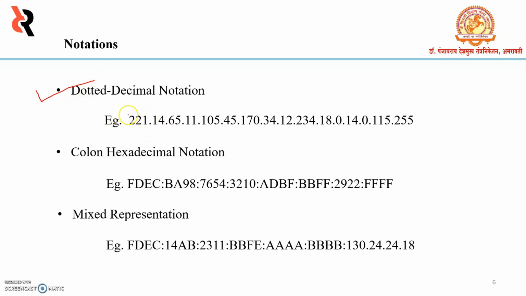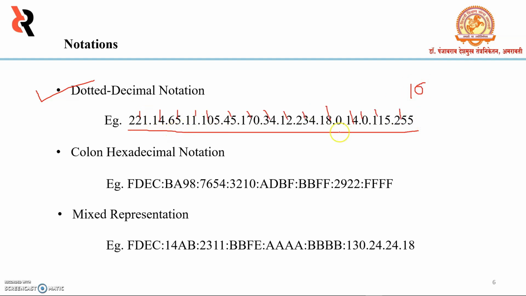Dotted decimal means all these are decimal numbers, but if you count, the total is 16 blocks: 1, 2, 3, 4, 5, 6, 7, 8, 9, 10, 11, 12, 13, 14, 15, and 16. So dotted decimal is in decimal format.